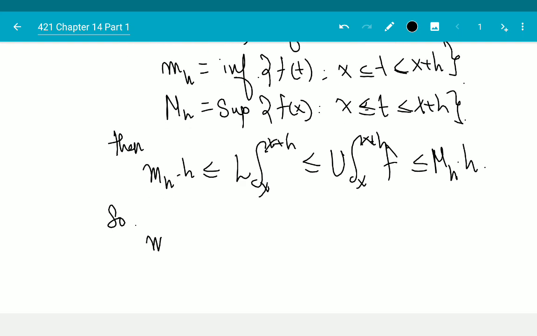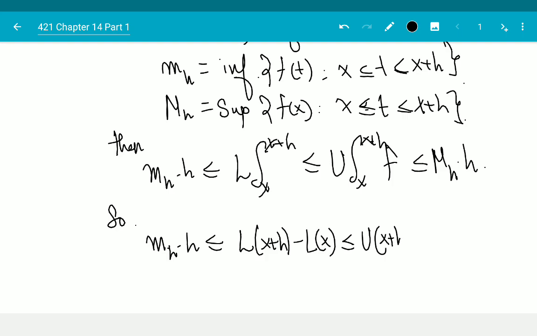So small m of h times h is smaller than or equal to L of x plus h minus L of x, smaller than or equal to U of x plus h minus U of x, smaller than or equal to capital M of h times h.